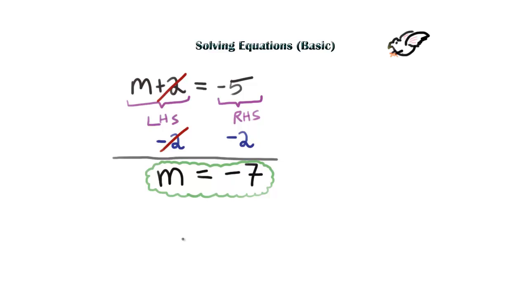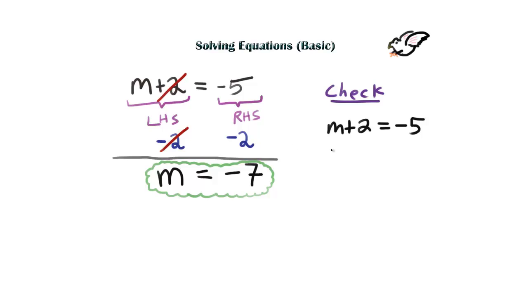Okay. We can also check our answer. Let's rewrite the equation. Our original equation was m plus 2 equals -5. So I'm going to plug in the -7 that we solved for m.